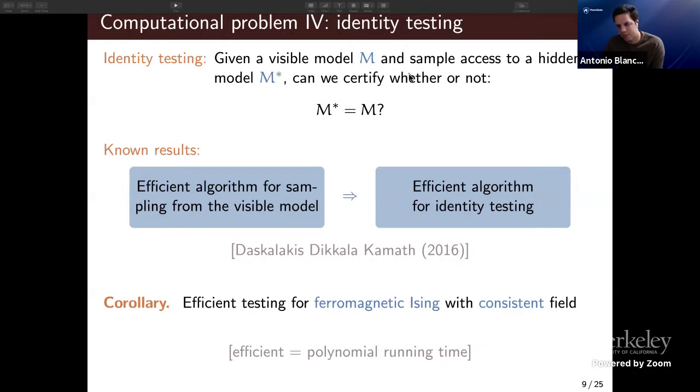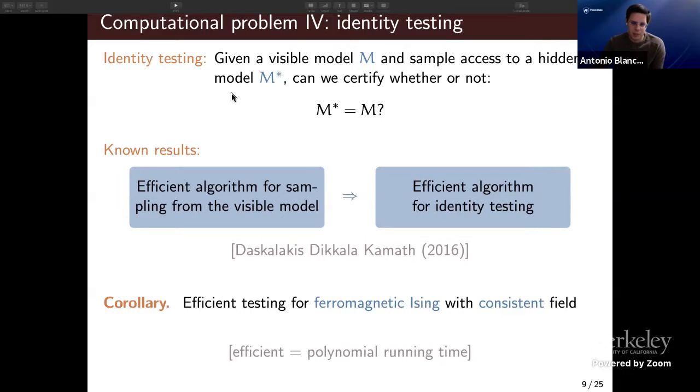And we're given sample access to a hidden distribution M star. Here we don't get to see the model, but we get to see IID samples from the model. We want to say whether this hidden model is equal to the visible model, or they're far apart in total variation distance.